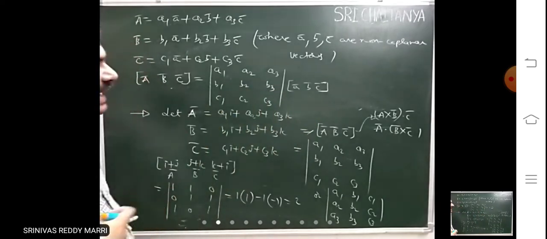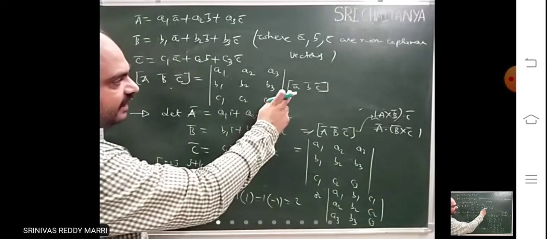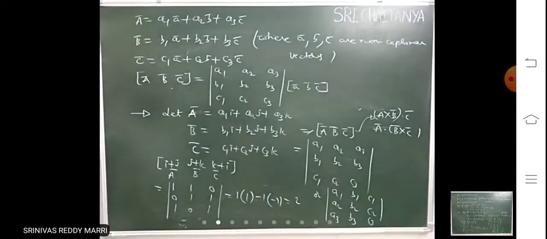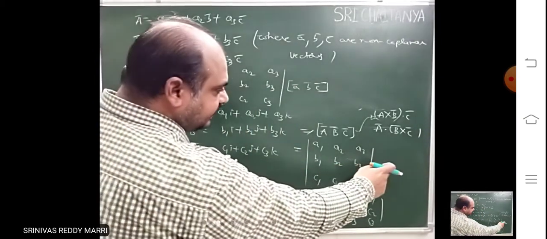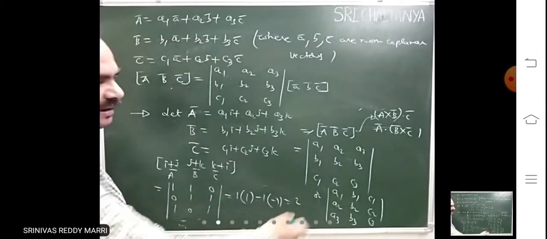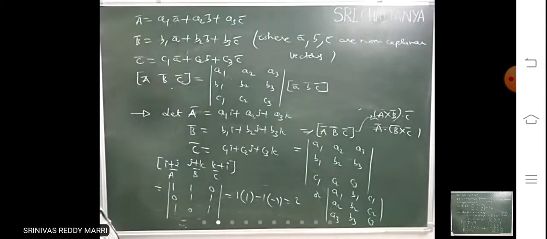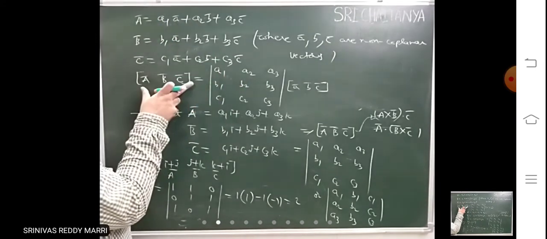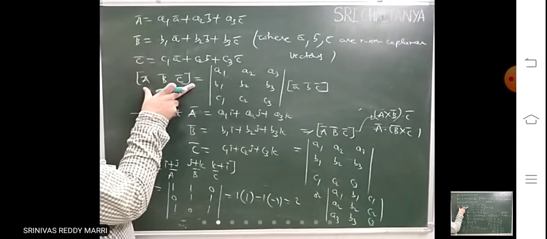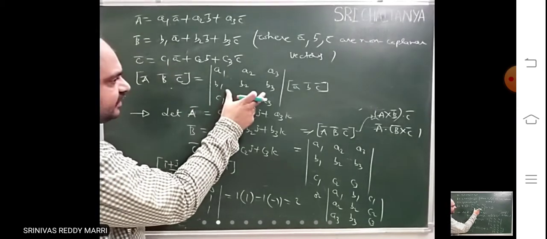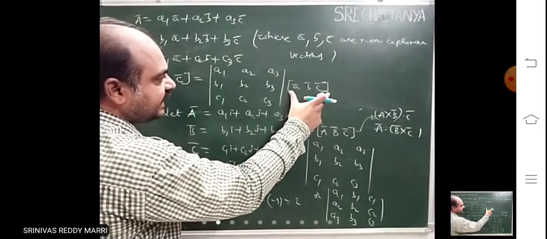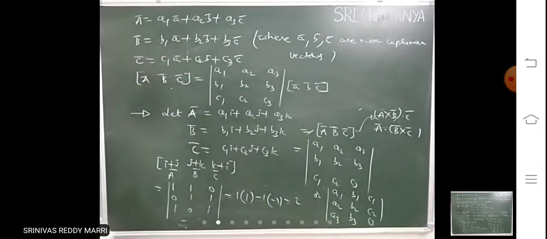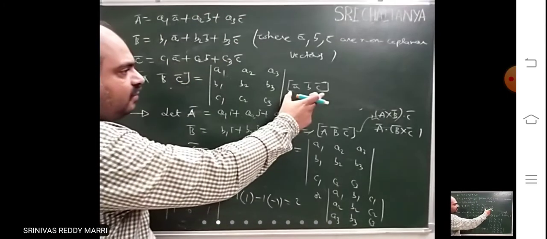If A is i, B is j, C is k, then the box of i, j, k is 1, which is why we don't write it there. But if any other three vectors are given, the scalar triple product is the determinant into the box of the vectors in which A bar, B bar, C bar are expressed. You have to write that one.